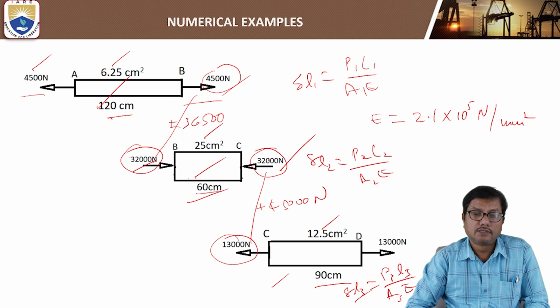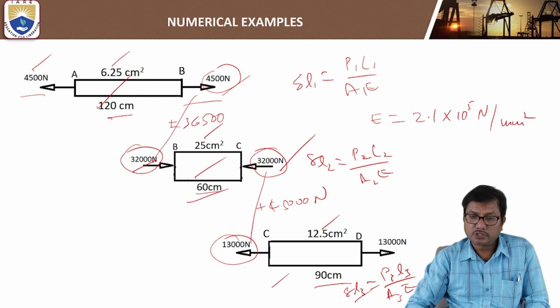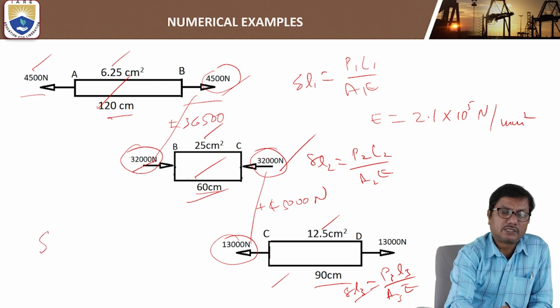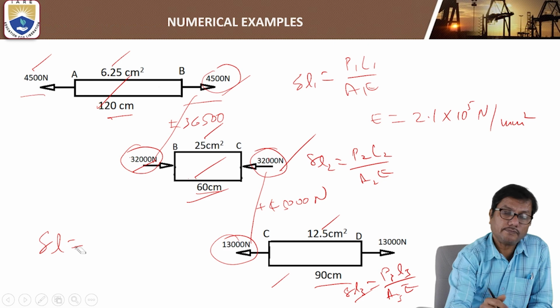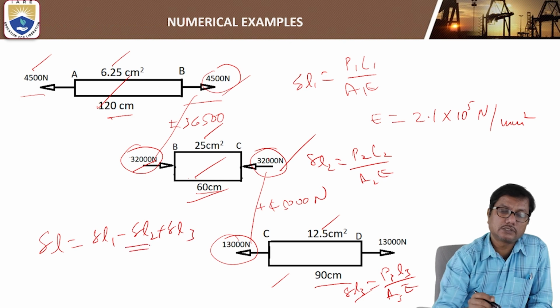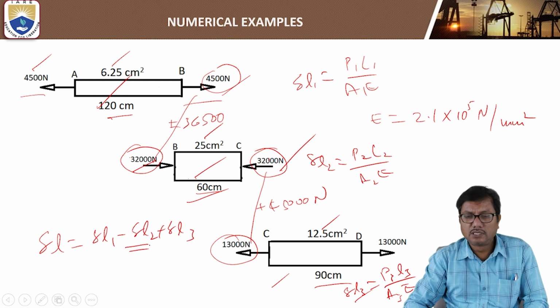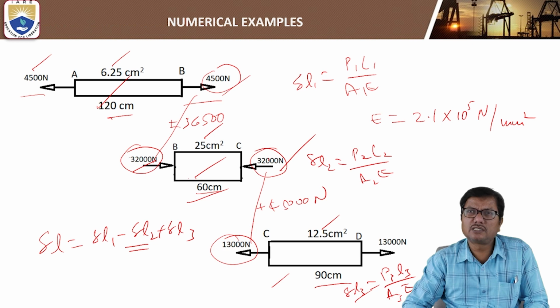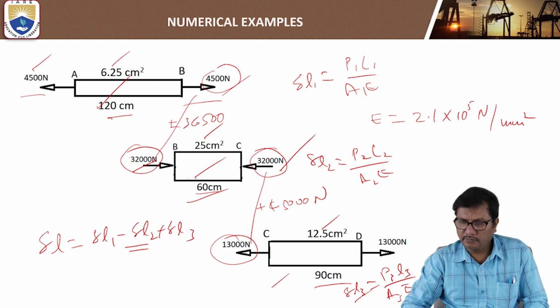So when you sum up, delta L is equal to delta L1 minus delta L2 plus delta L3. This is to be taken with negative sign as it is a decrease in length.